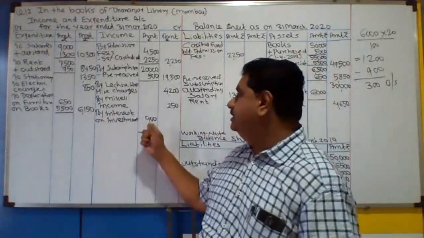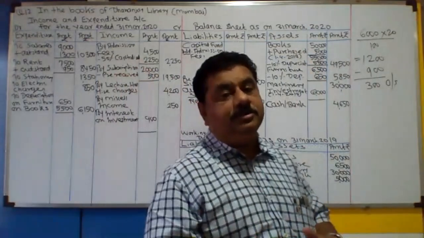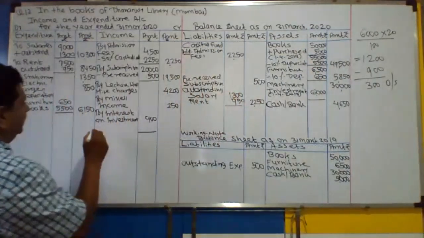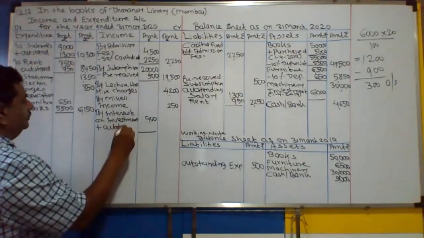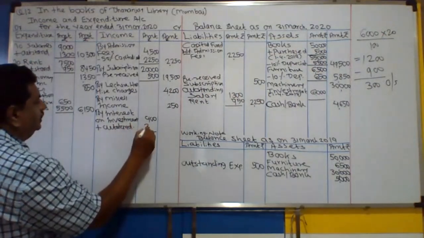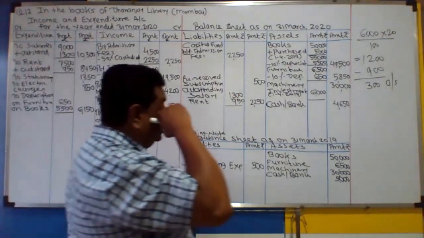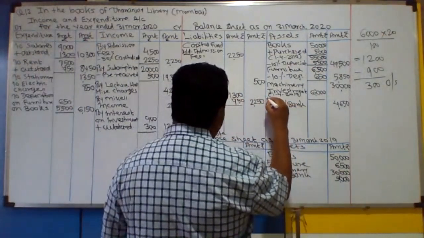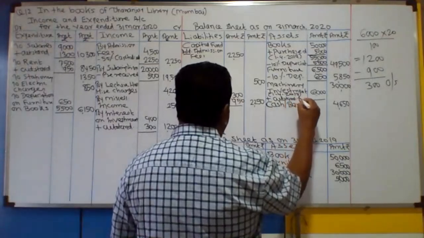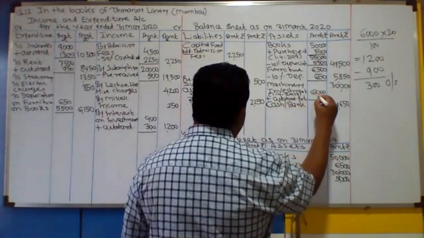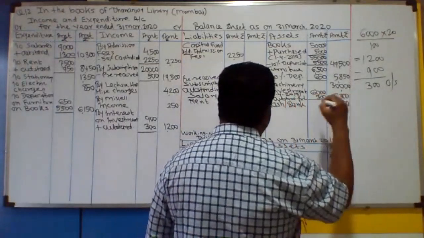Out of that, already received by the organization is 900. So that means 300 is outstanding. What to do? Add to interest on investment outstanding 300, outer column 1,200, and add in the investment as well, outstanding interest. Now I am writing in short form, please understand this. So your investment in the outer column will be 6,300.